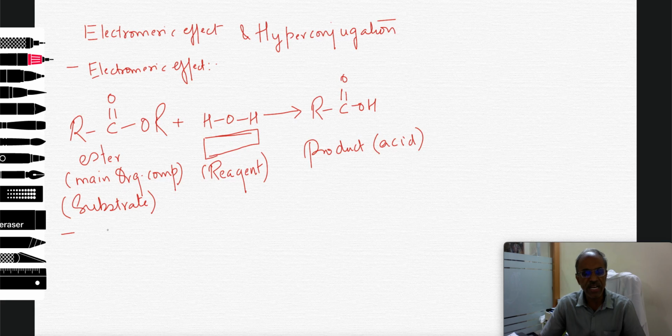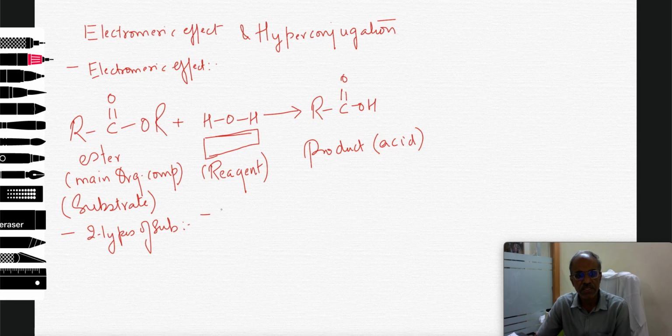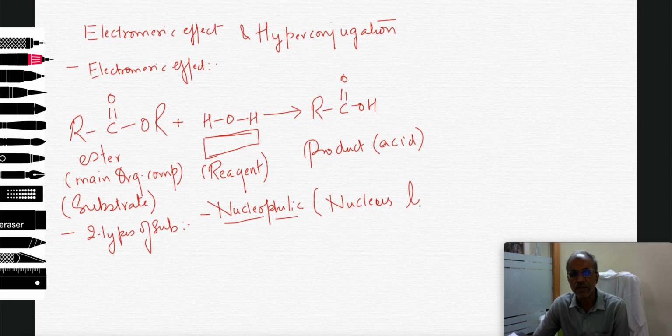Now there are two types of substrate. The first type is nucleophilic. What do you mean by nucleophilic? Nucleo means nucleus, and philic means liking.